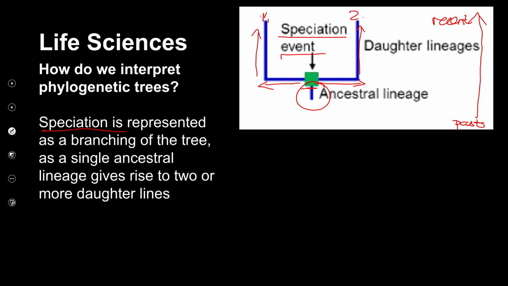Okay, so we could see that they have changed. All right, so speciation is represented as branching of the tree. So a single ancestral population or lineage gives rise to two or sometimes more daughter lines, depending on the speciation event that took place.